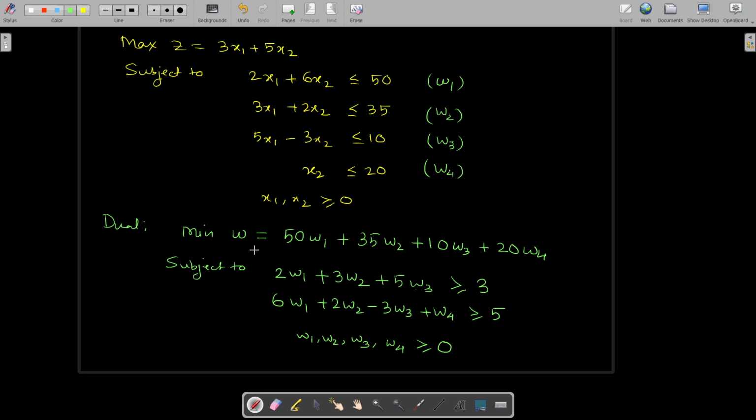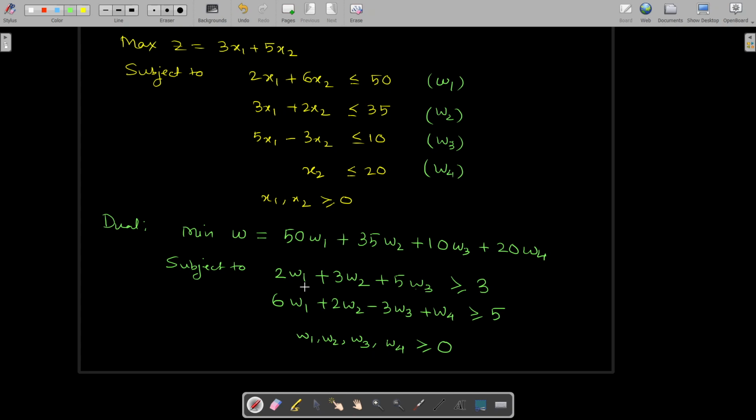Then we form the new objective function. Since the primal is maximization, the dual will be minimization. W is equal to the sum where the coefficient of each variable is the constant term in the concerned constraint. So 50w1, 35w2 from here, 10w3 from here, 20w4 from here.